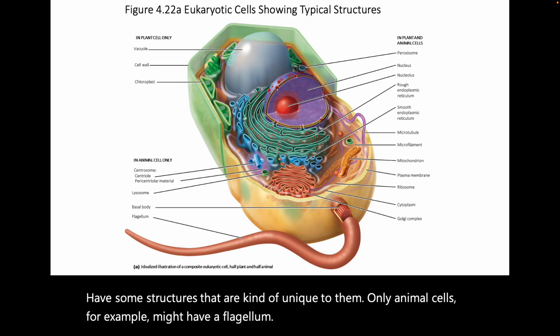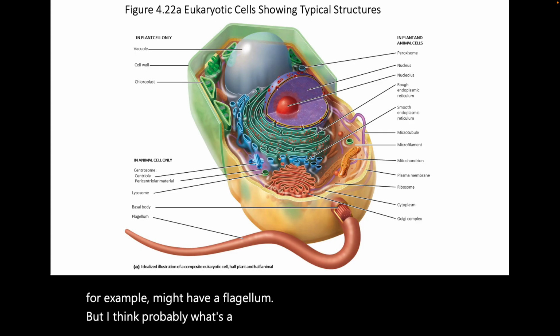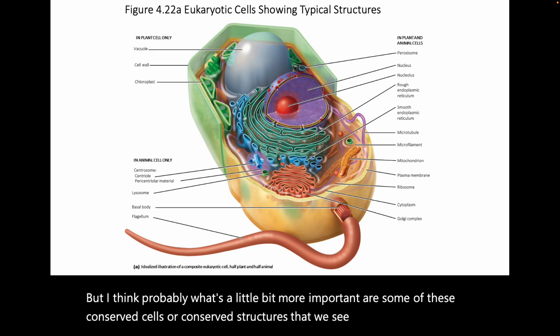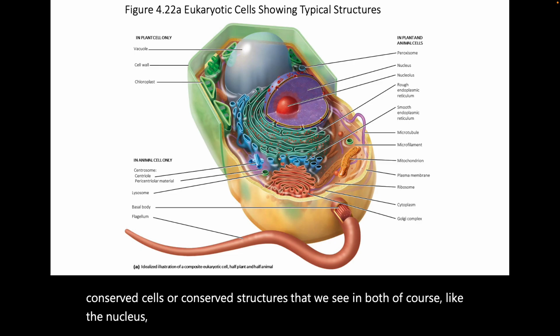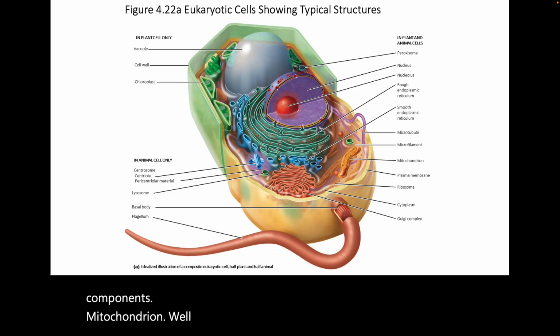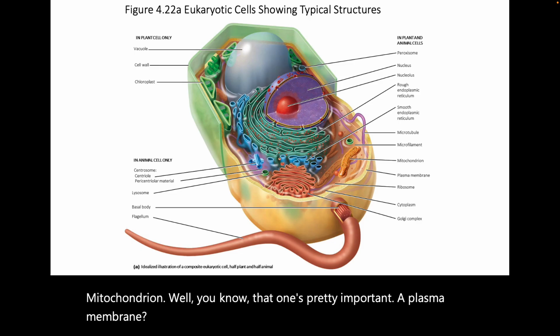But I think what's probably a little bit more important are some of these conserved structures that we see in both. Of course, the nucleus, the nucleolus, the rough and smooth ER, various cytoskeletal components, mitochondrion, that one's pretty important. A plasma membrane, ribosomes, cytoplasm, Golgi.